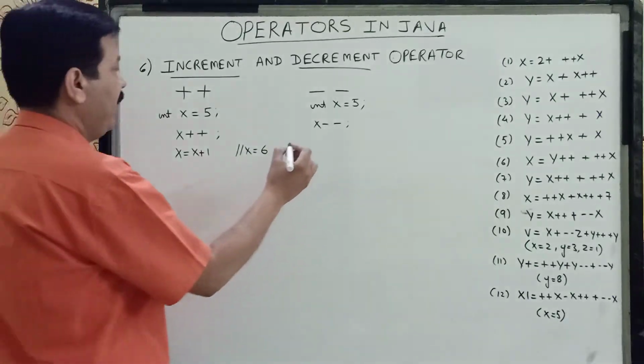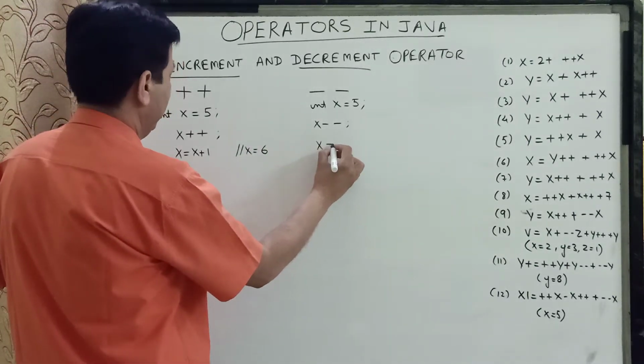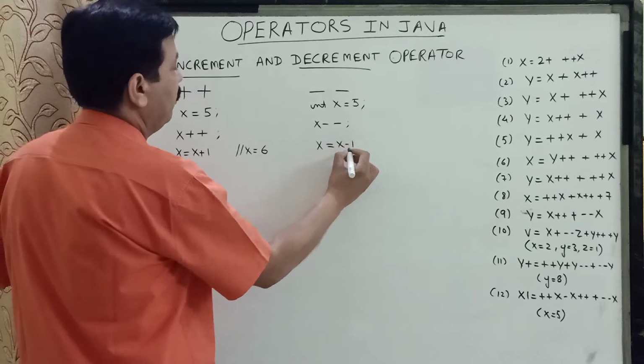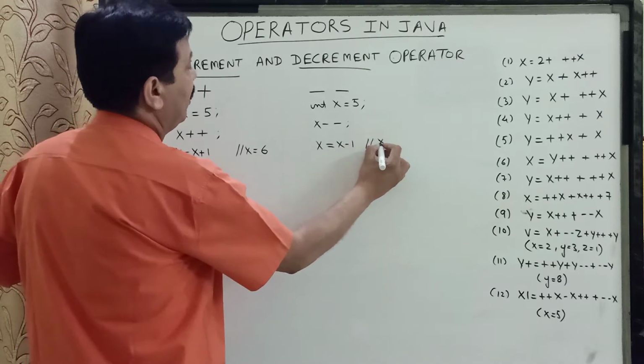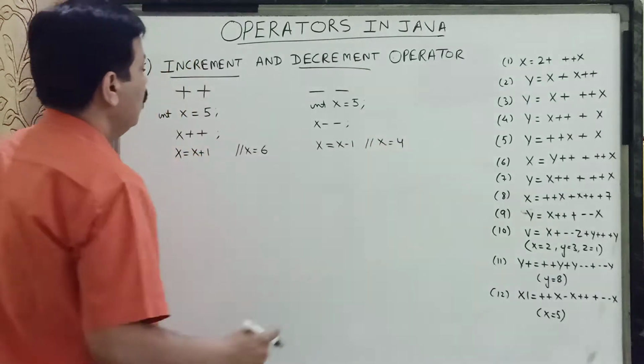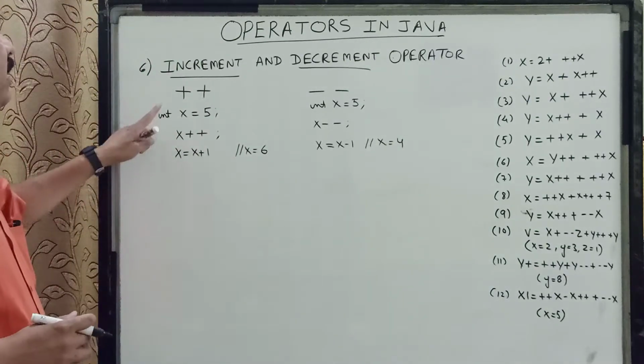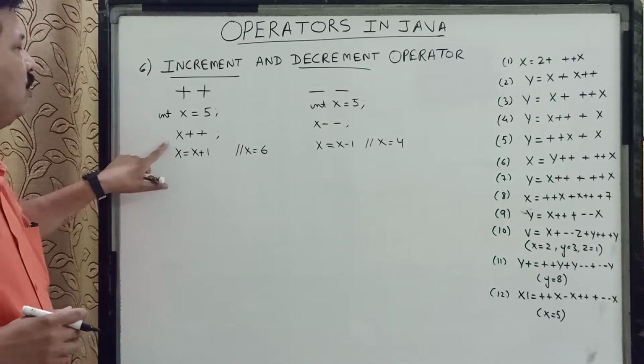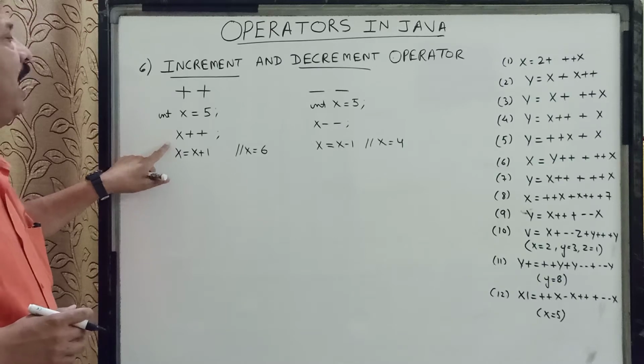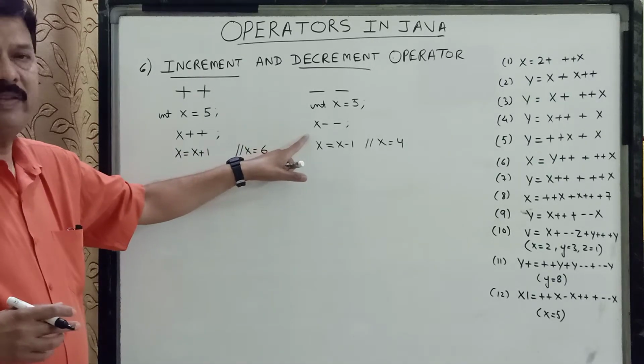And here if I say x--, then it means x = x - 1, which means that x will become the value of 4.